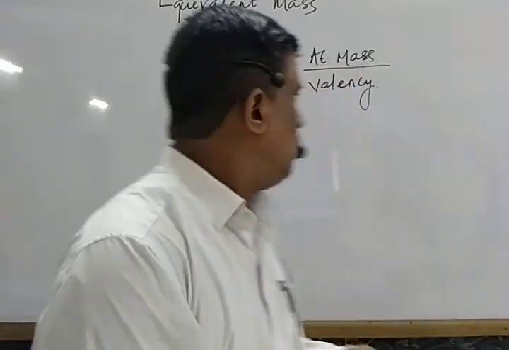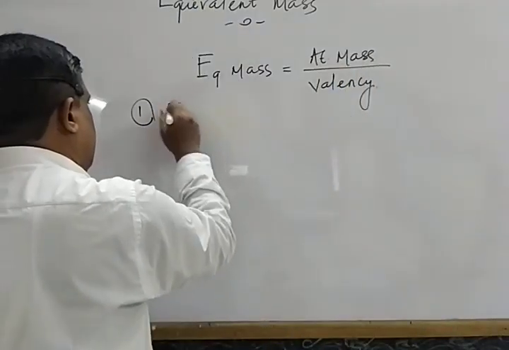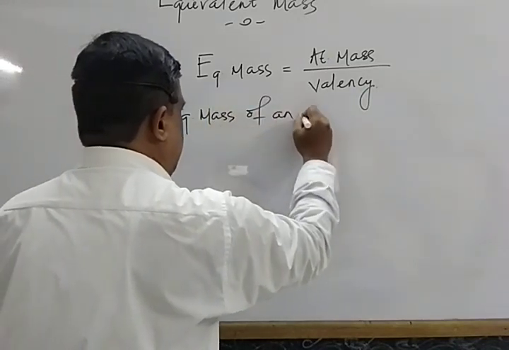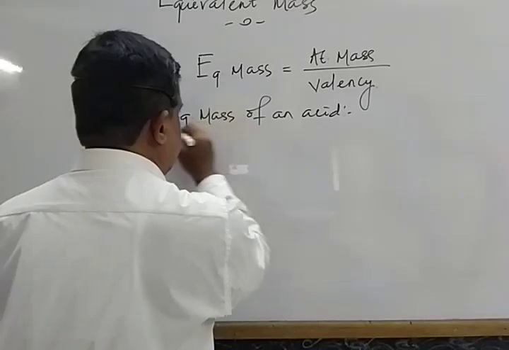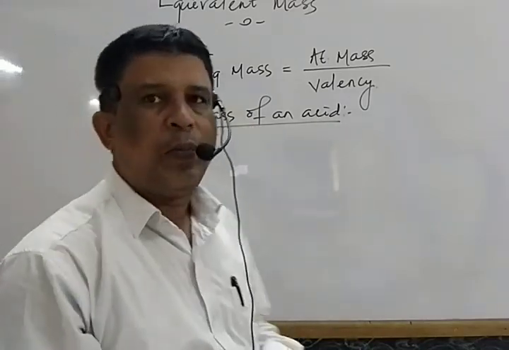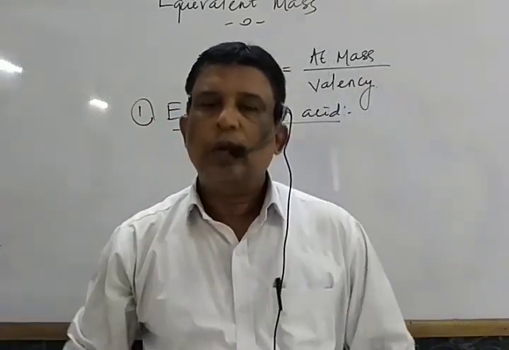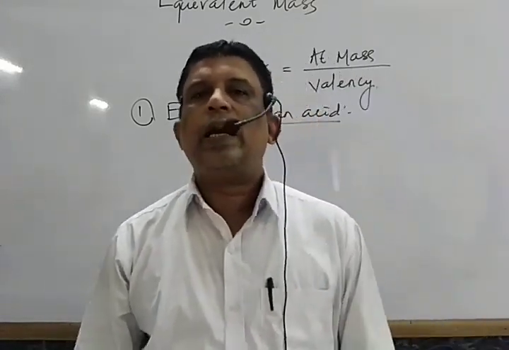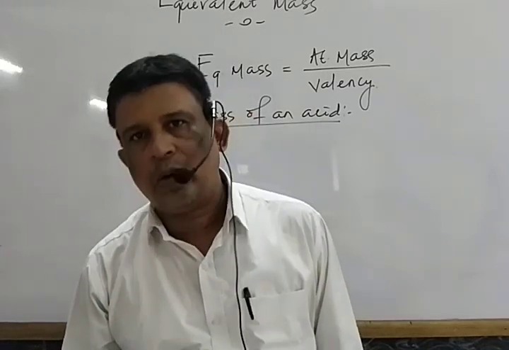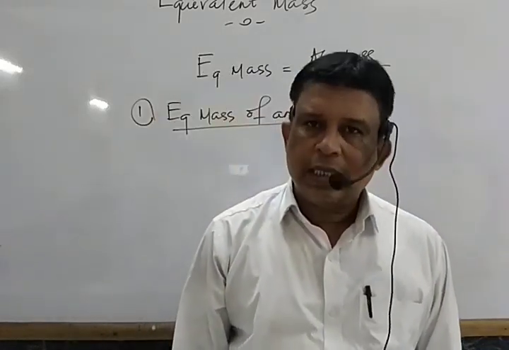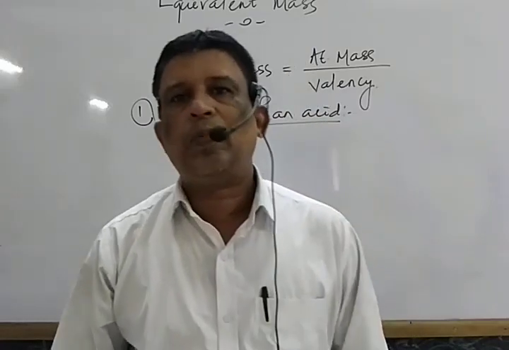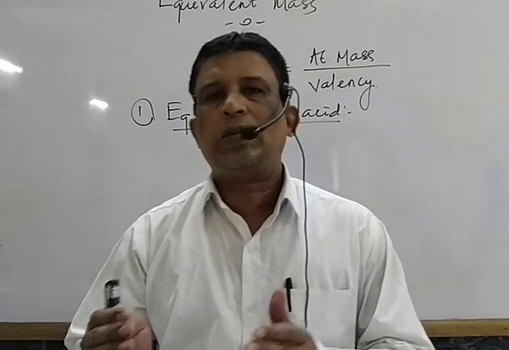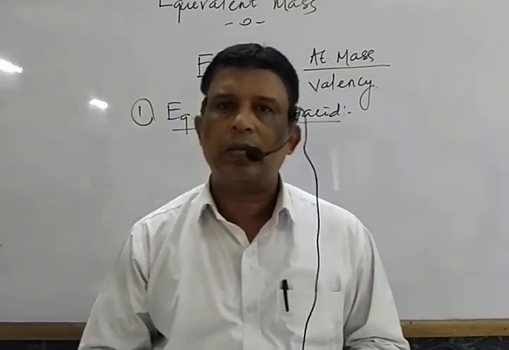For example, number 1, equivalent mass of an acid. What do you mean by equivalent mass of an acid? We know that an acid, which on ionizing liberates H plus ion, is known as proton. For example, HCl breaks down to H plus plus Cl minus. H2SO4 breaks down to 2H plus plus SO4 2 minus.